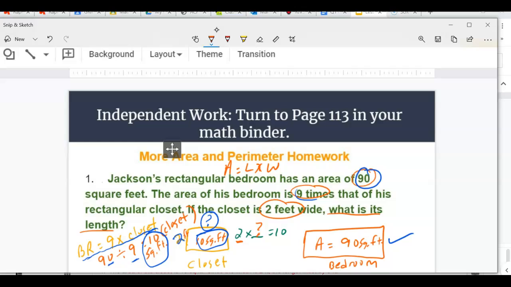When you think about your math facts or look into your multiplication table, you know that 2 times 5 equals 10. So our answer is 5 feet for the length of the actual closet. Okay.